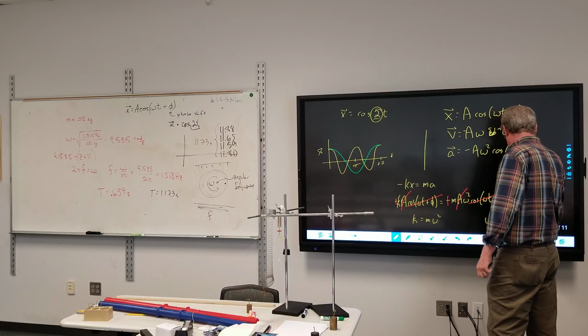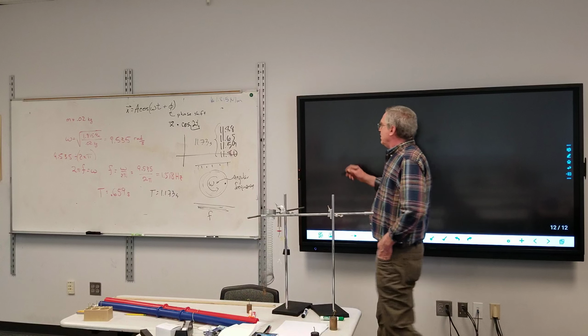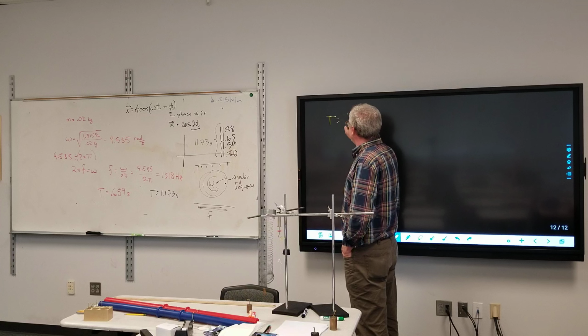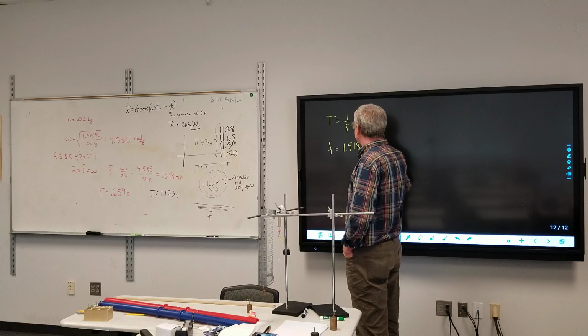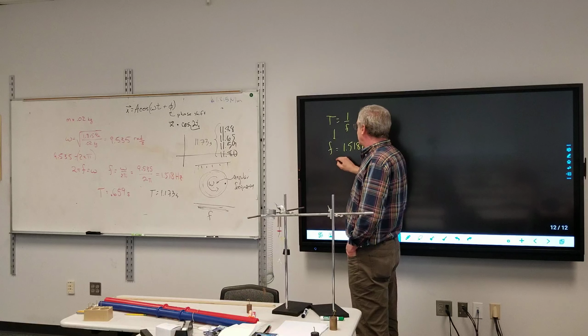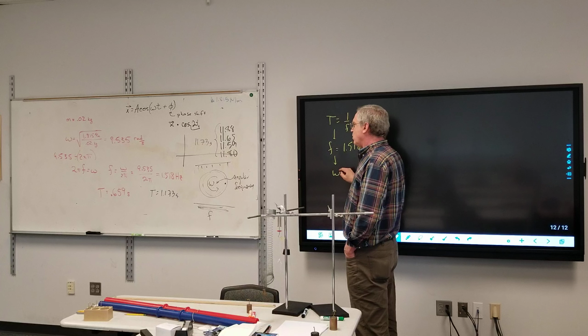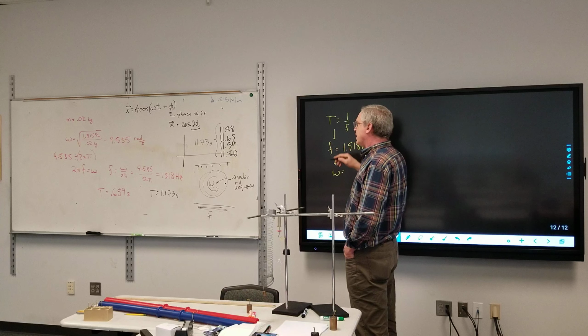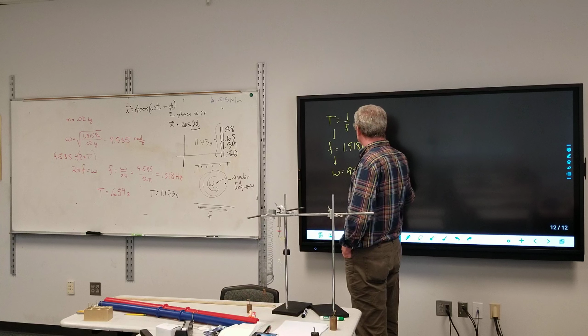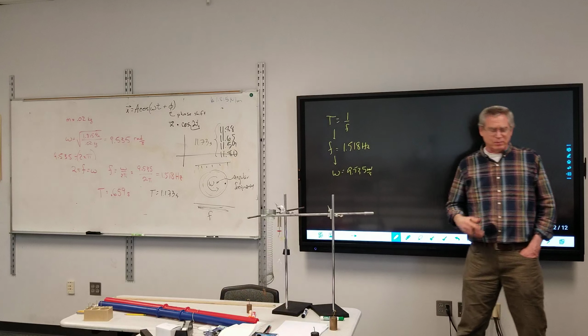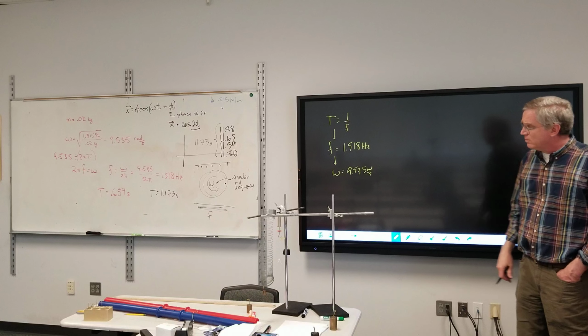So let's pop off that one. I know my period is 1 over my frequency. The frequency is 1.518 hertz. From my frequency, I know that omega is 9.535 radians per second. So all of that part that we did at the end is still valid.